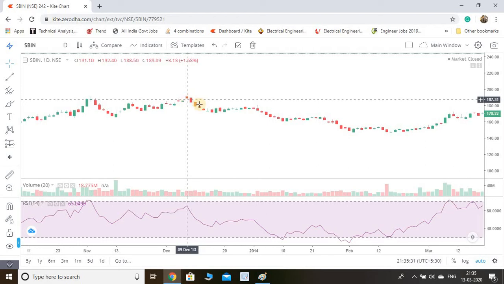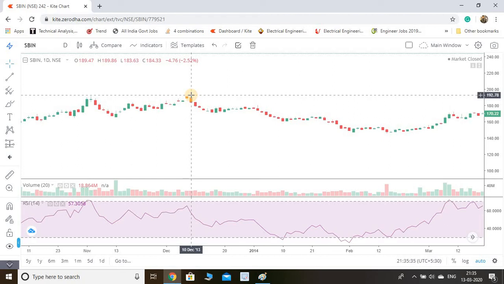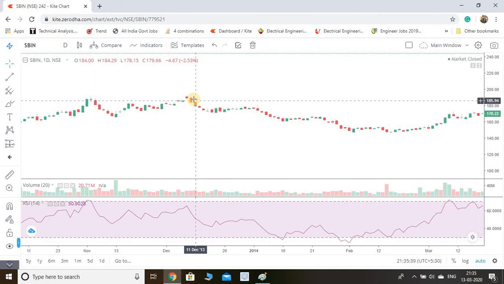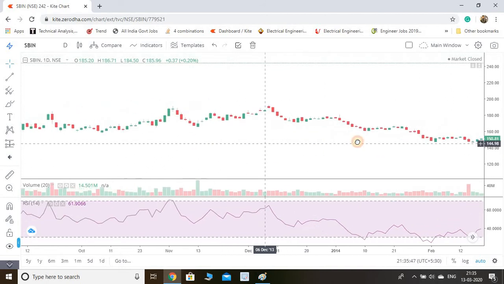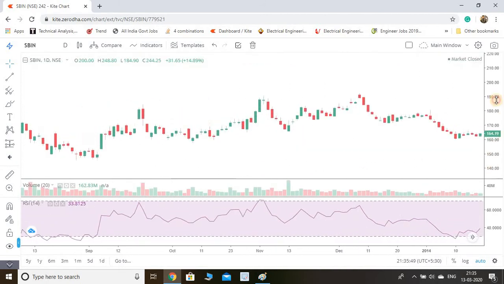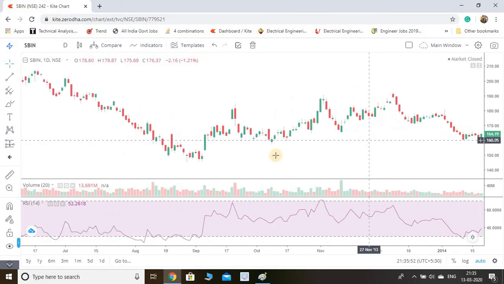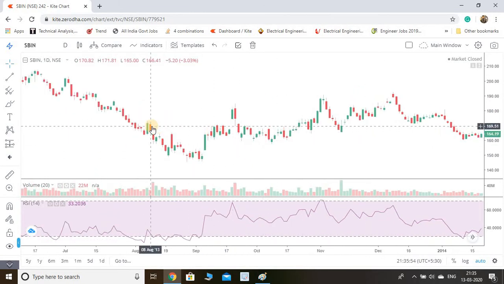You can short here, and the stop loss will be near 192.78, approximately 193, and your entry was near about 189, and you easily get at least 1:10. Okay, no issue. 1:10 is quite a good profit, I think.